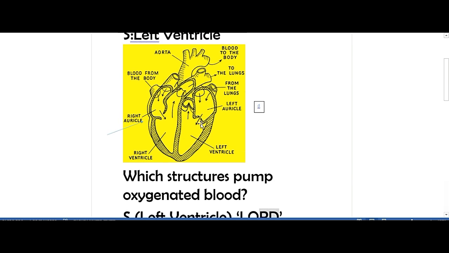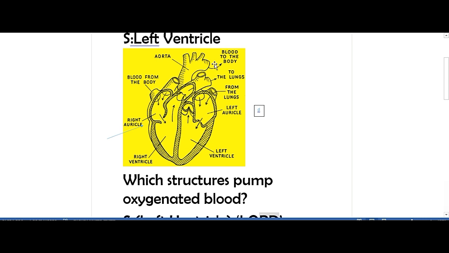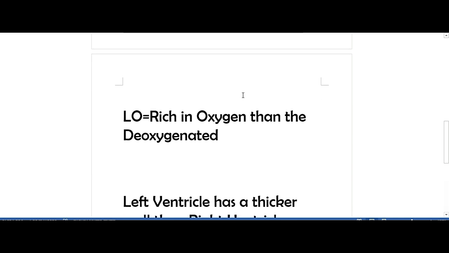Plus, as I mentioned, the blood comes through the lung, comes through the body, and goes to the left ventricle, and it gets pumped all the way to the aorta, and it will go all over the body, providing energy.